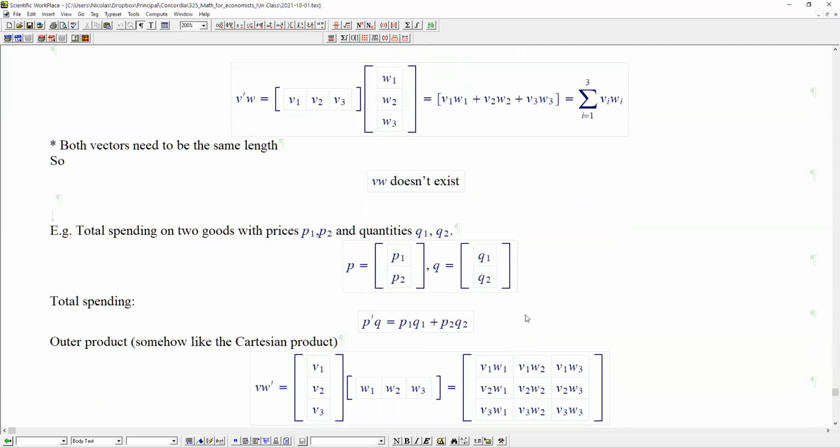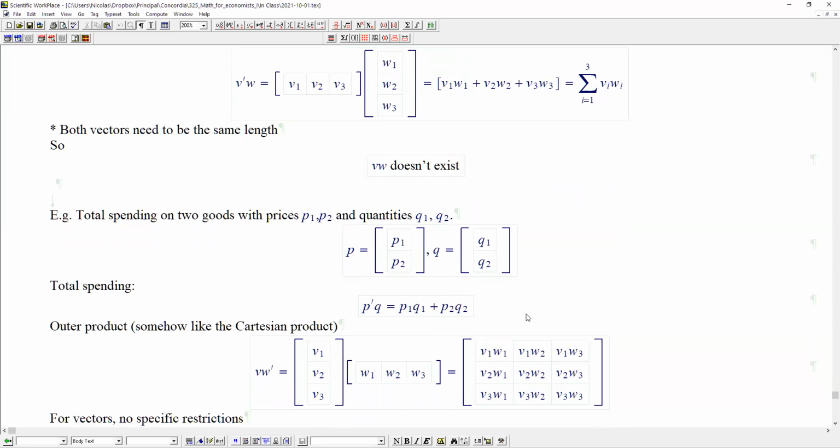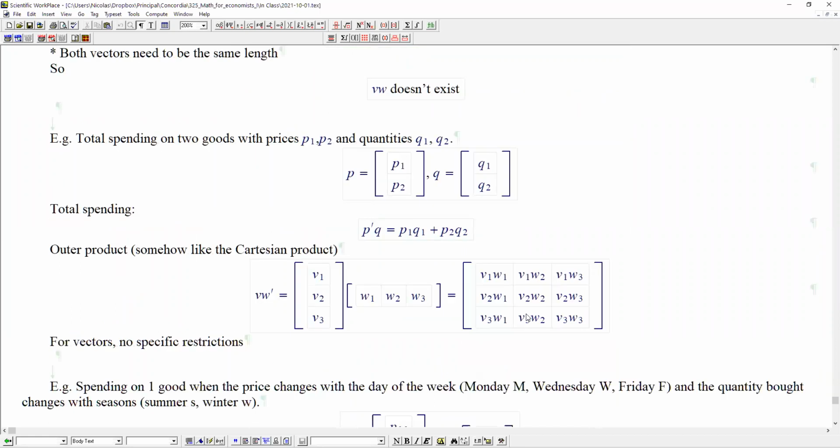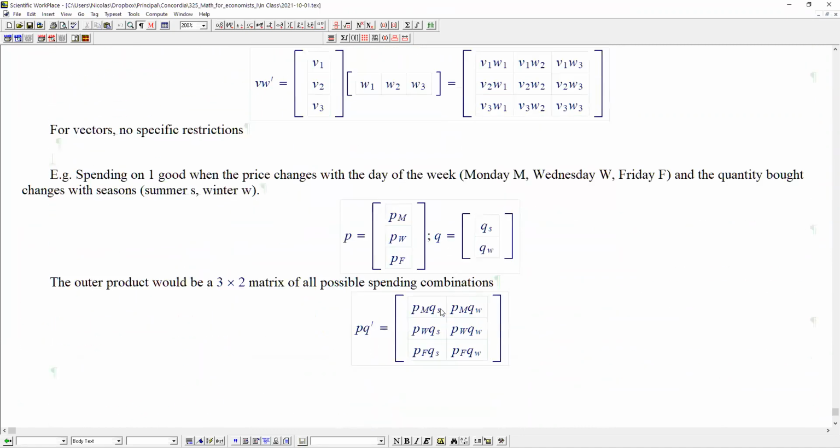I'm just trying to understand in what examples we would use either or. I would use the inner product if you want them combined and summed, and the outer product if you want all the possible combinations of each element. But then I can show you that actually matrix multiplication is both of them.